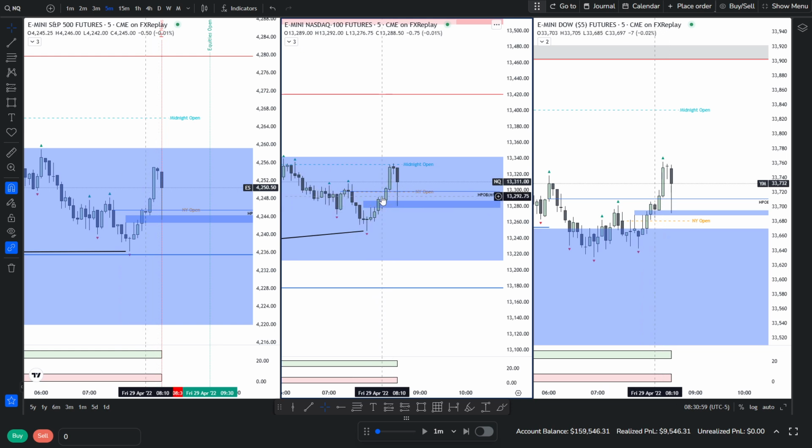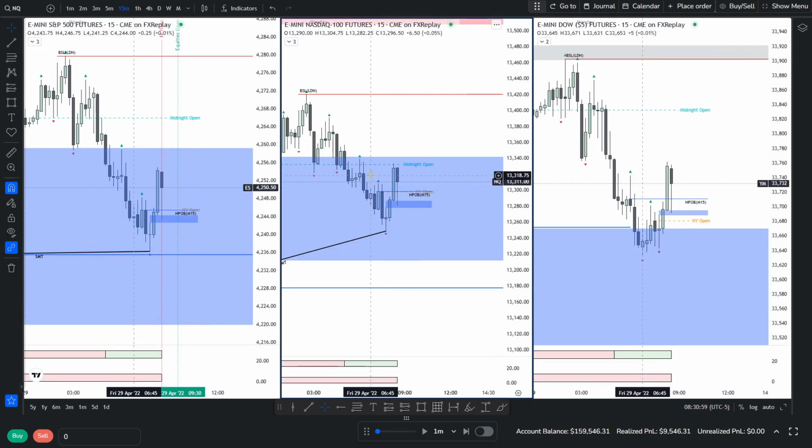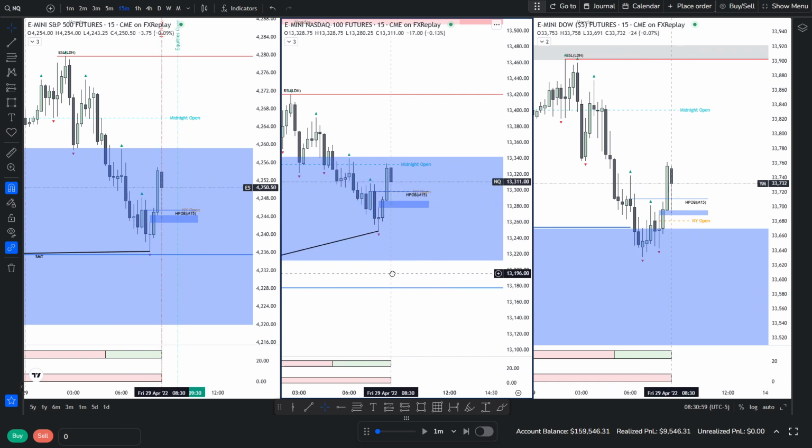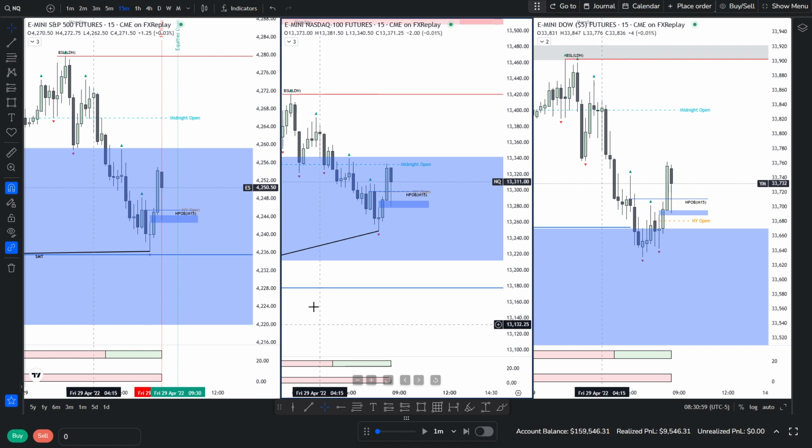M5 displacement there, which is supported. Not ideal in terms of where everything is, and it is pre-market, but I think that this is certainly worth engaging.